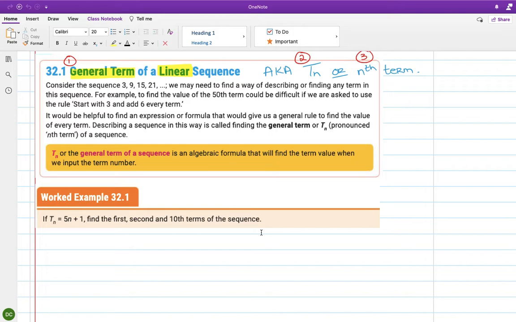So if we look at this question here, they tell us that the general term Tn for this particular pattern is 5n plus 1.